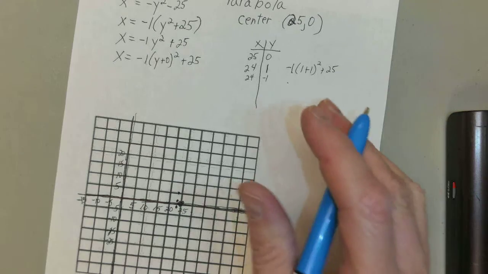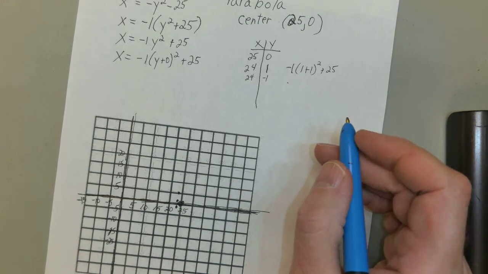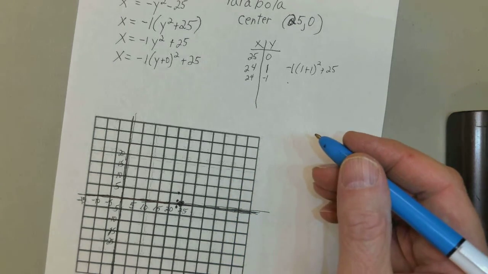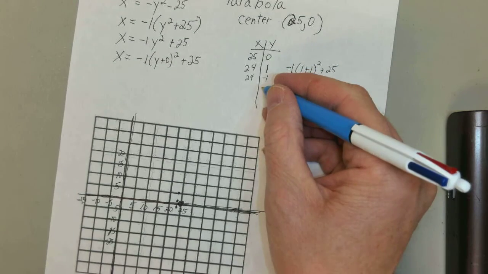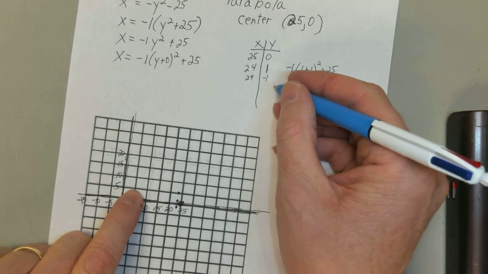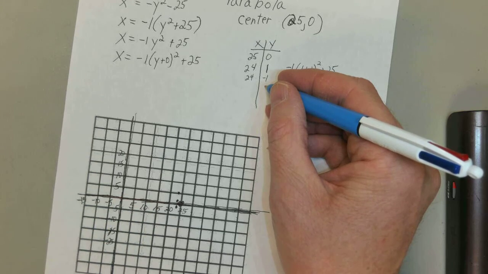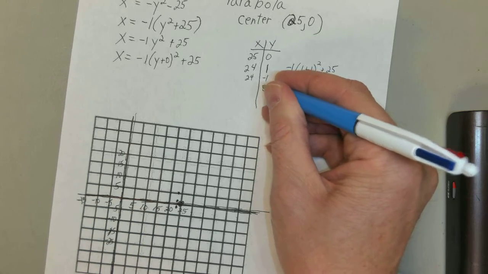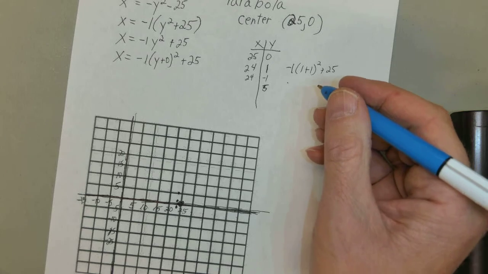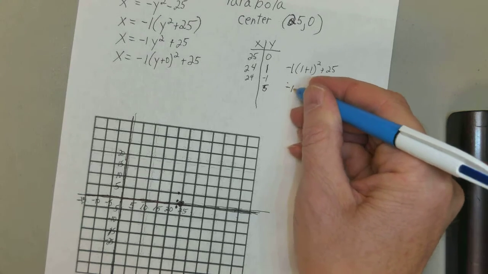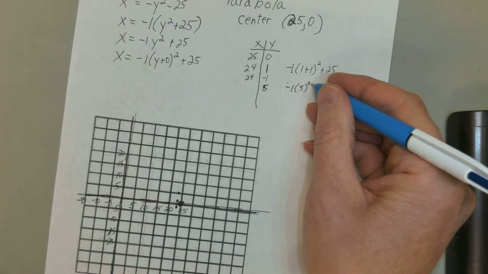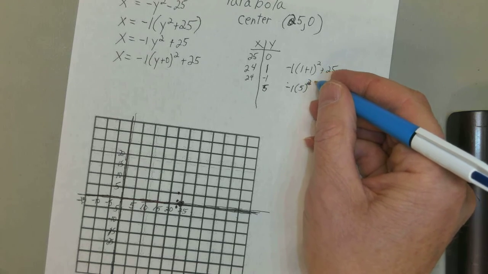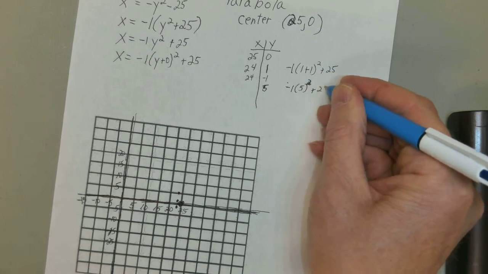And you know what? Let's see if this is reasonable. Let's put 5 in for y. So -1 times 5 squared plus 25.